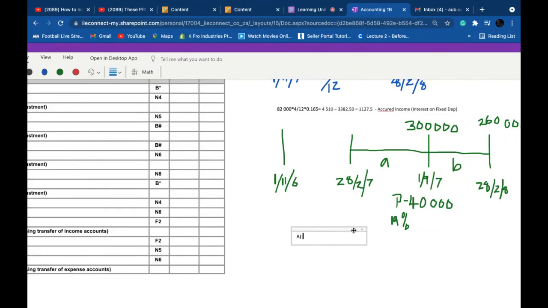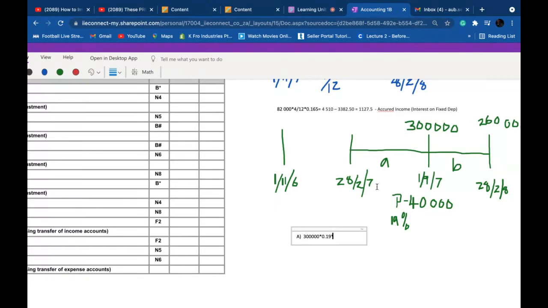Okay, cool. Just want to reiterate that. So 300,000, the principal that was owed, times our interest rate of 19%, 0.19, and then times how many months is this? Starting in March, April, May, June, July, August, September. So I've got 7 months.